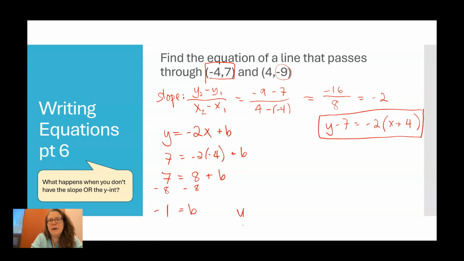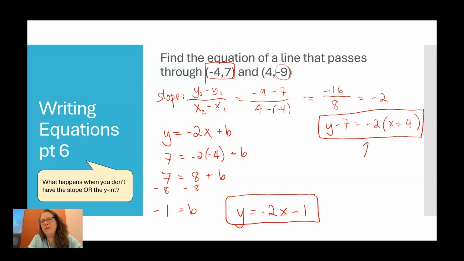I like this one better only because I immediately know how to graph this. And again, we could have started with point-slope and turned it into slope-intercept if you really want to. Doesn't matter to me, entirely your choice.